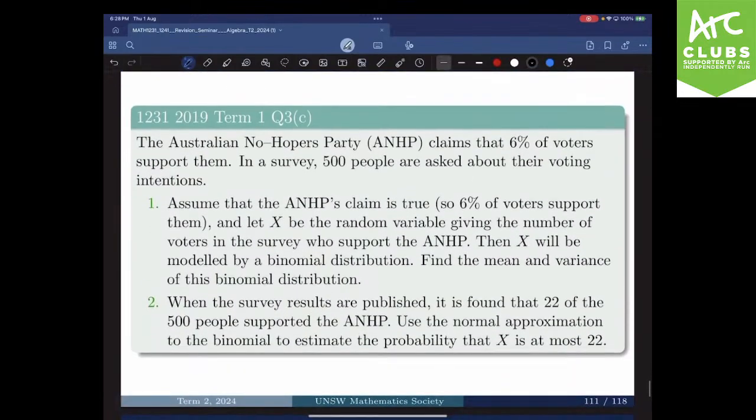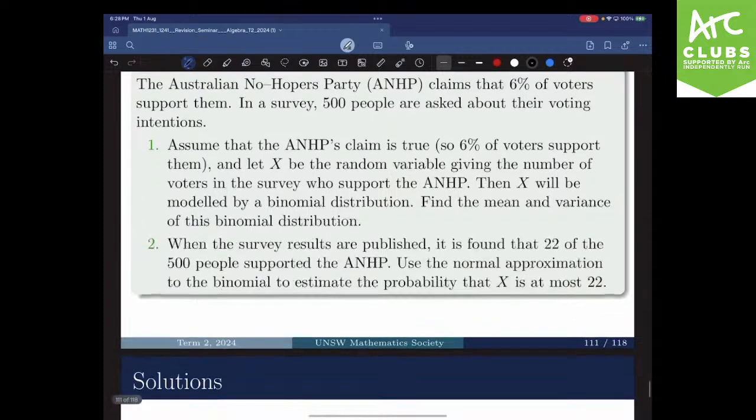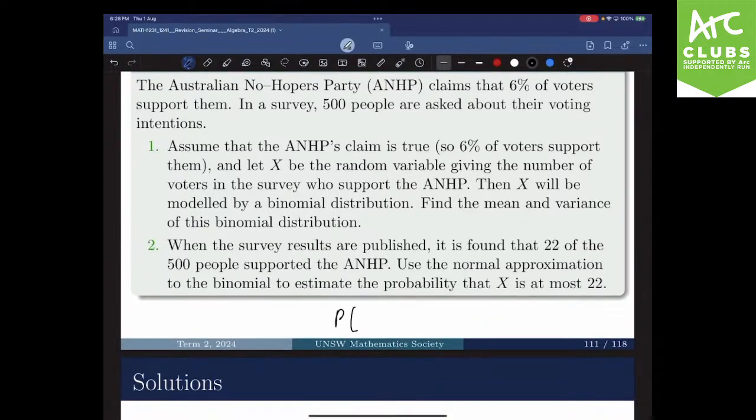When the survey results are published, it is found that 22 of the people supported the ANHP. Use the normal approximation to the binomial to estimate the probability that x is at most 22. What is that? The probability of x being less than or equal to 22. But once again, remember we are dealing with a discrete distribution and we're trying to make it normally approximated, so we've got to apply the continuity correction.